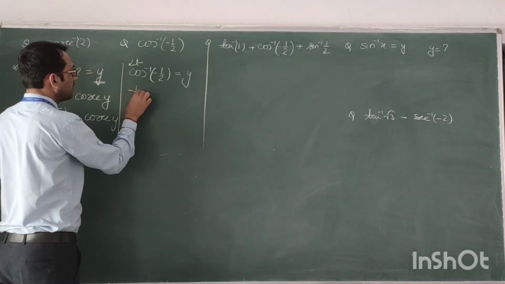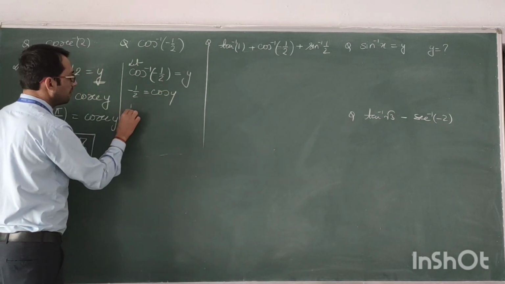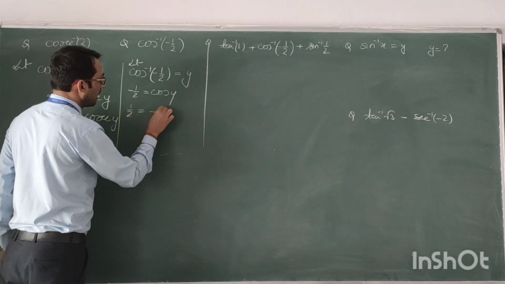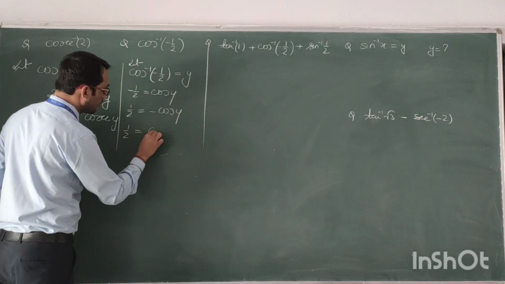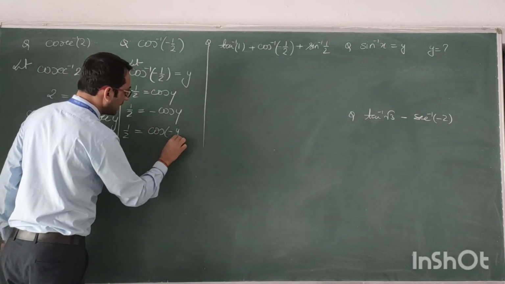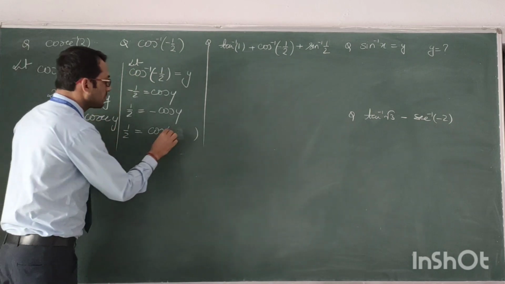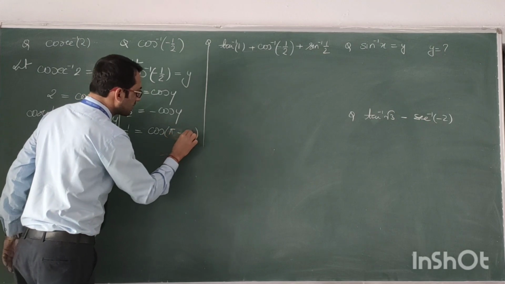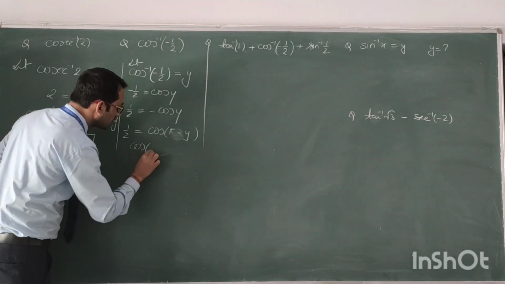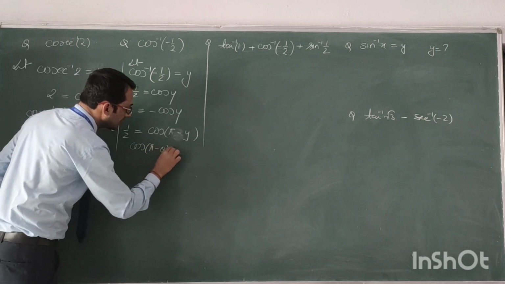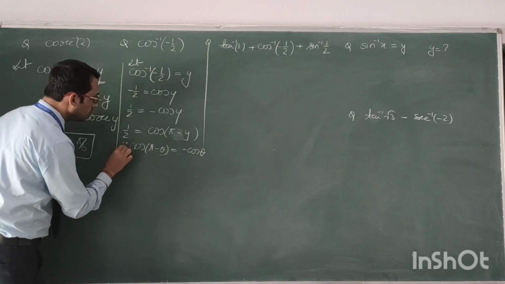So minus 1 by 2 can be said as cos y. 1 by 2 can be said as minus cos y. 1 by 2 is equal to cos pi minus y. Keep in mind, cos pi minus theta is equal to minus cos theta. This identity I am using.